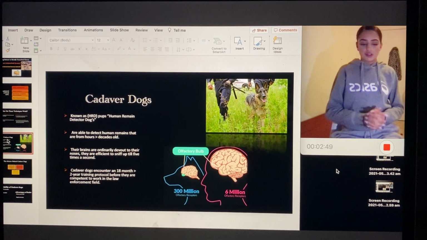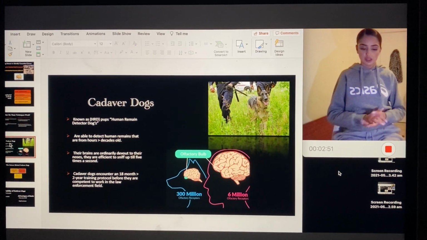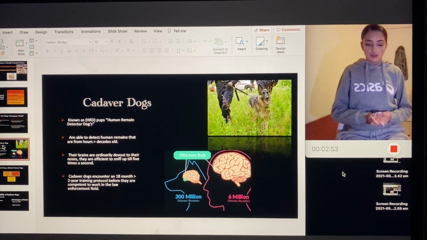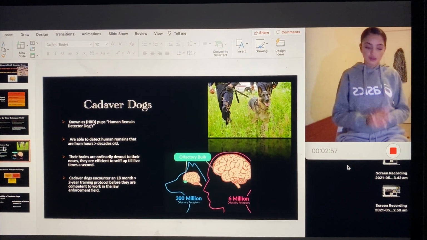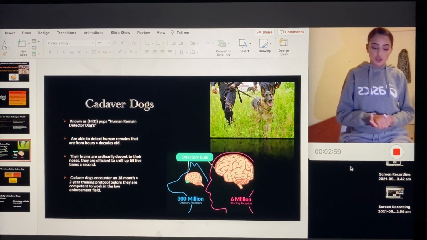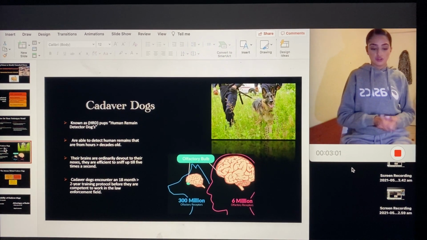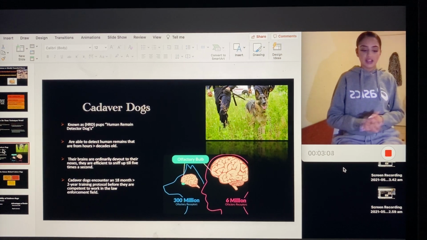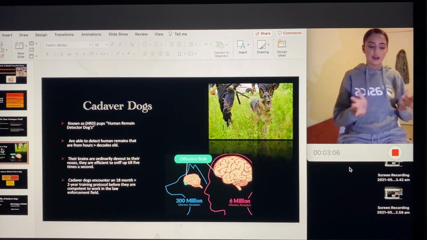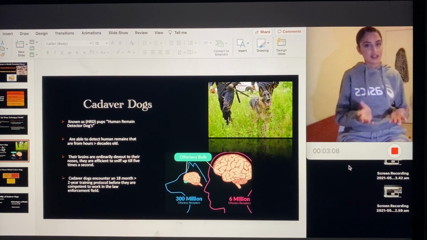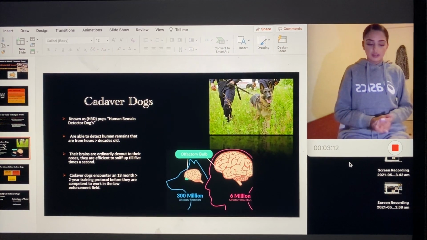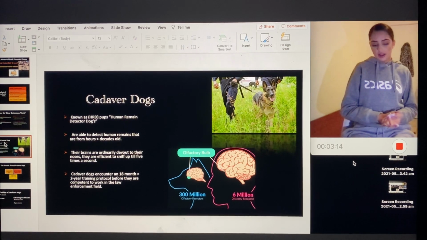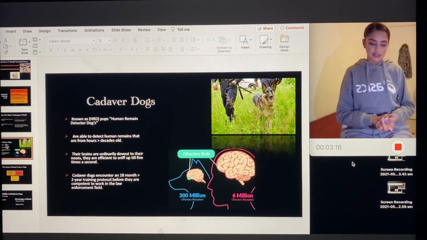Cadaver dogs. As previously mentioned, cadaver dogs, also recognized by the name of human remains detector dogs, appear functional when it comes to tracking down anything to do with human remains from hours to decades old. Their brains are largely devoted to their noses, and they are able to sniff up to 5 times a second.